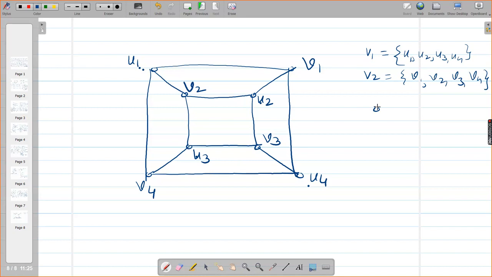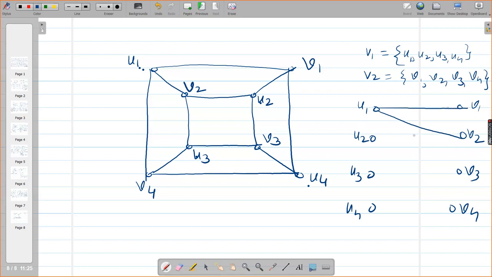Okay. So I will redraw this graph. U1, U2, U3, U4. And this set is V1, V2, V3, V4. So U1 to V2 there is an edge. U1 to V1 there is an edge. U1 to V4 there is an edge.